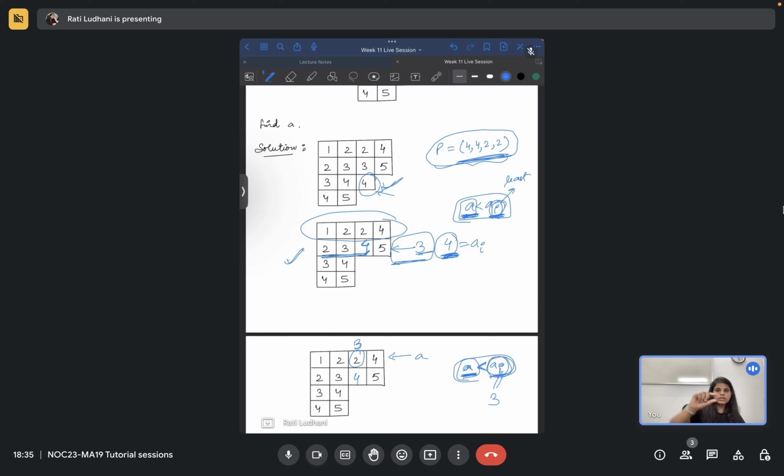This 3 will not be replaced, because anyway this is the bigger number, that cannot be a possibility. So you will look for the number which is just less than 4 in terms of the place. Okay, so you will look for that element.